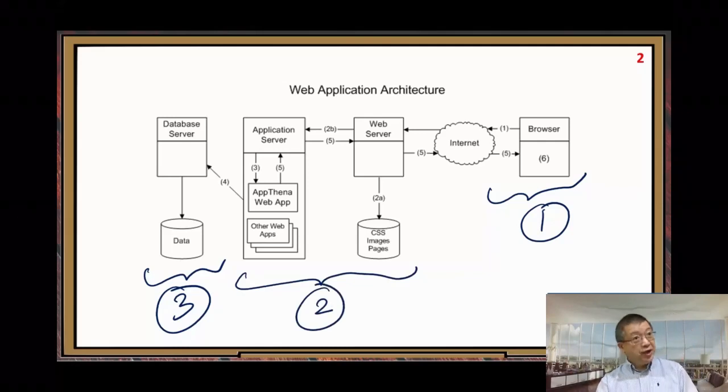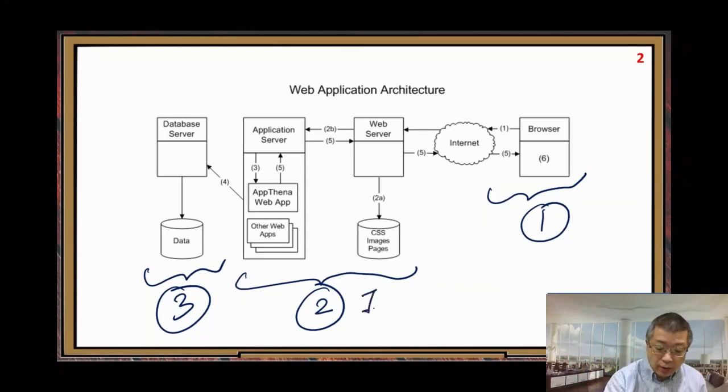We call it middle tier based on the position, and based on its functionality, we call it business tier. Mainly people implement business rules in this tier. That's the reason people call it business tier.